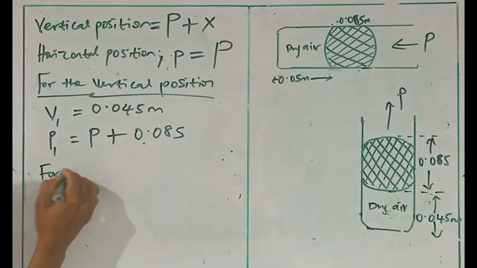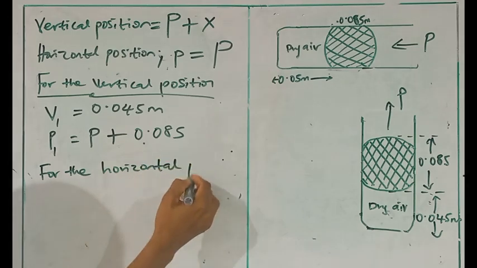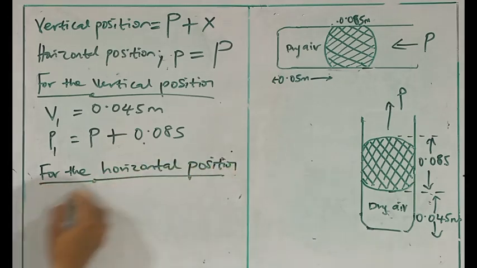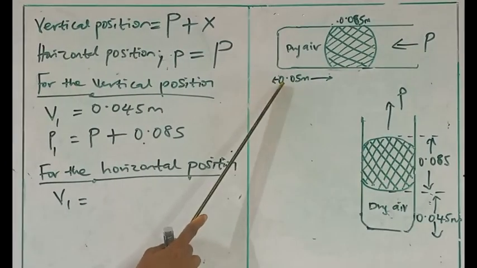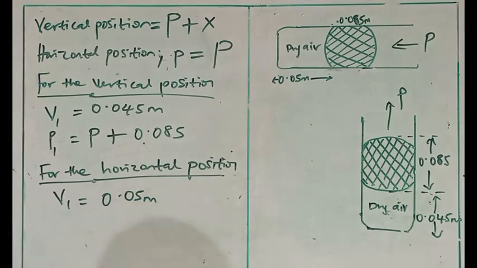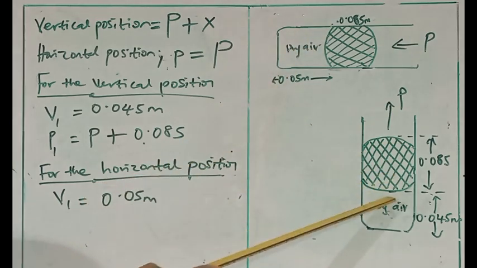So let's get it for the horizontal position. The length is 0.05 meter, and the volume is equal to the volume of gas trapped.